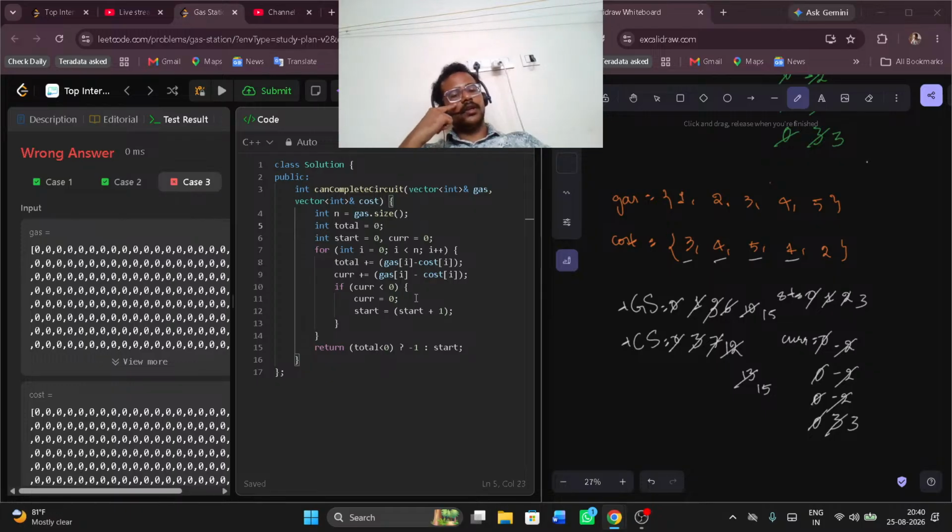No, we are still getting a wrong answer. Current will be 0 and total will be 0. The index we are starting with is start, right? So total will be gas of I minus cost of I. Same, if current is less than 0, we'll just increment.